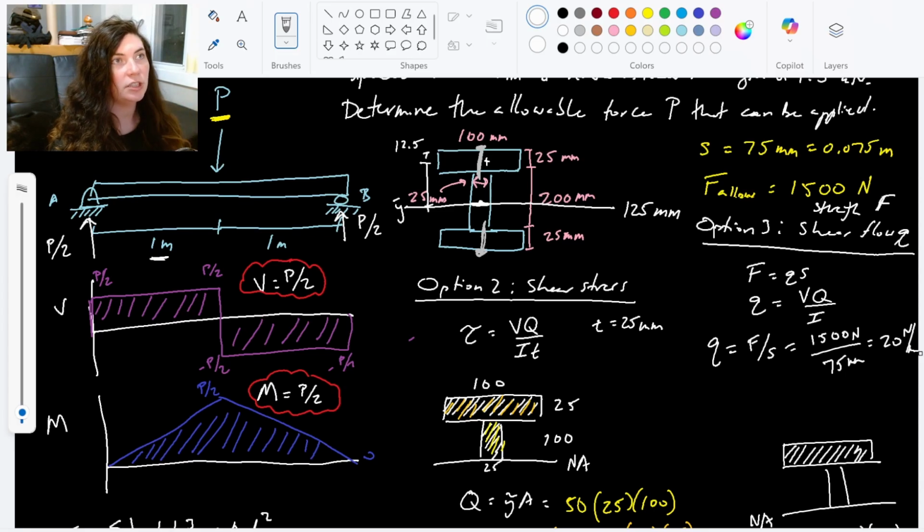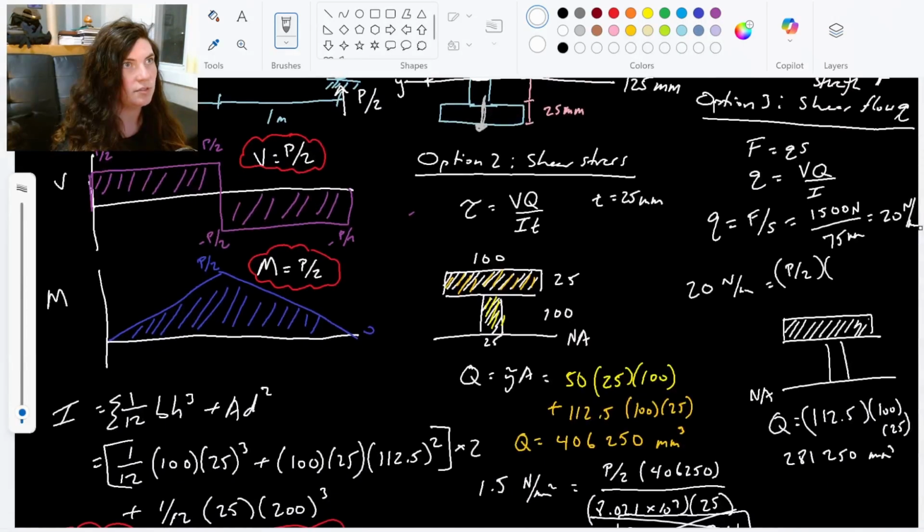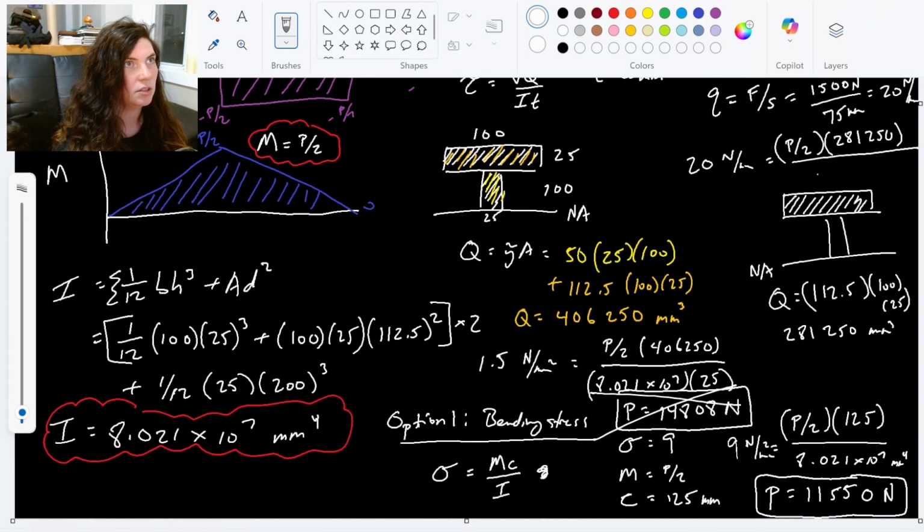So now I've got this 20 newtons per millimeter. I know what the shear is. I know what Q is. I know what I is. So I can say 20 newtons per millimeter equals P over 2 times the Q value we just found, 281,250, over moment of inertia, 8.021 times 10 to the 7th.